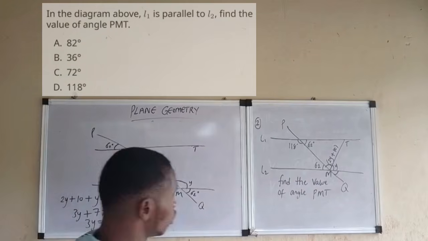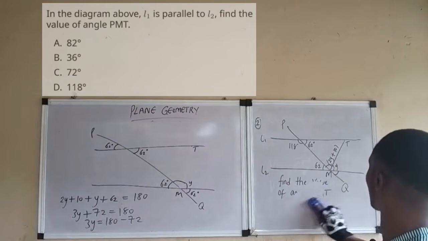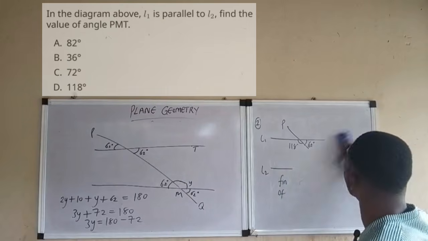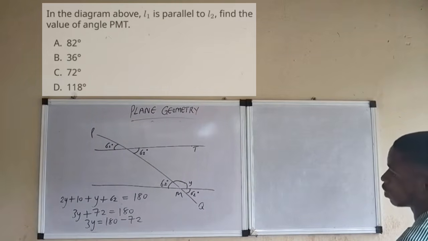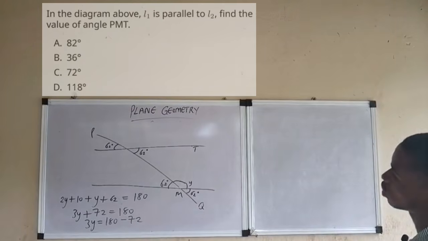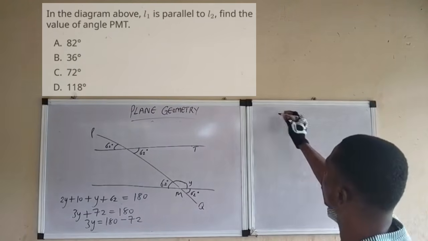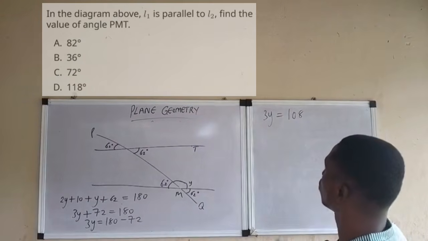I'm going to rub this off. Now, 180 minus 72 is 108. So 3y is equal to 108.